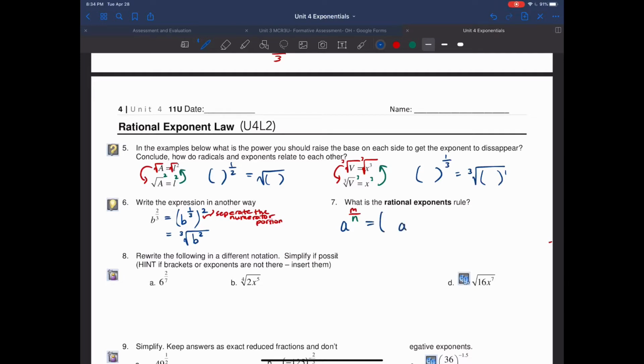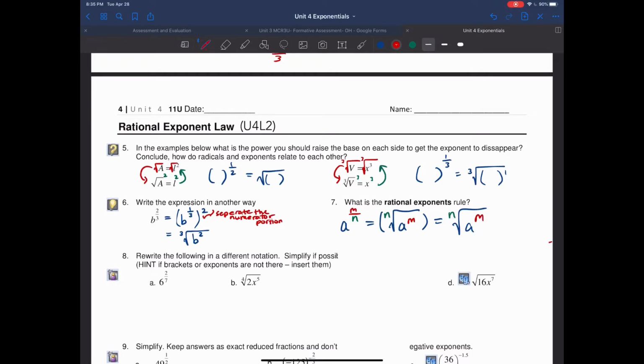Well, remember the numerator goes right on top as the exponent part, but the denominator part goes in front of the radical sign. So it equals, okay, I don't need the brackets, right? So I'm just going to have the nth root of a to the m.